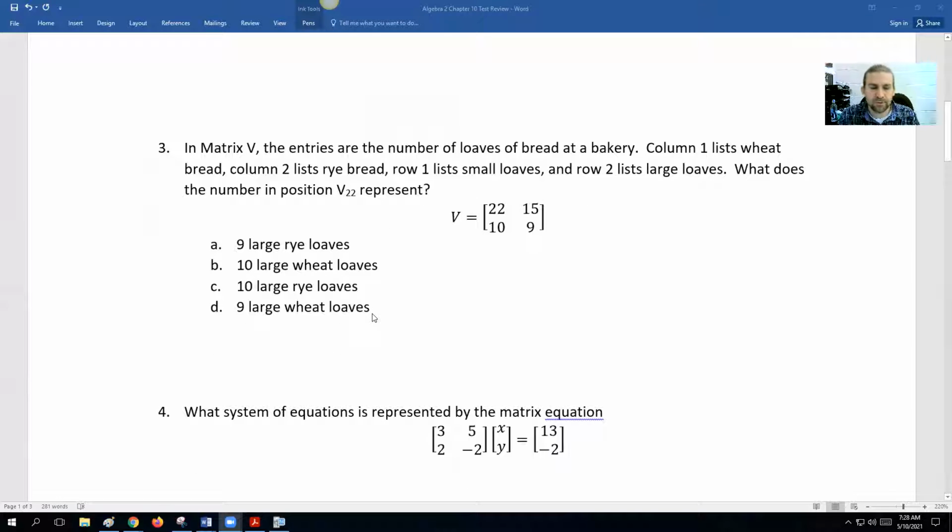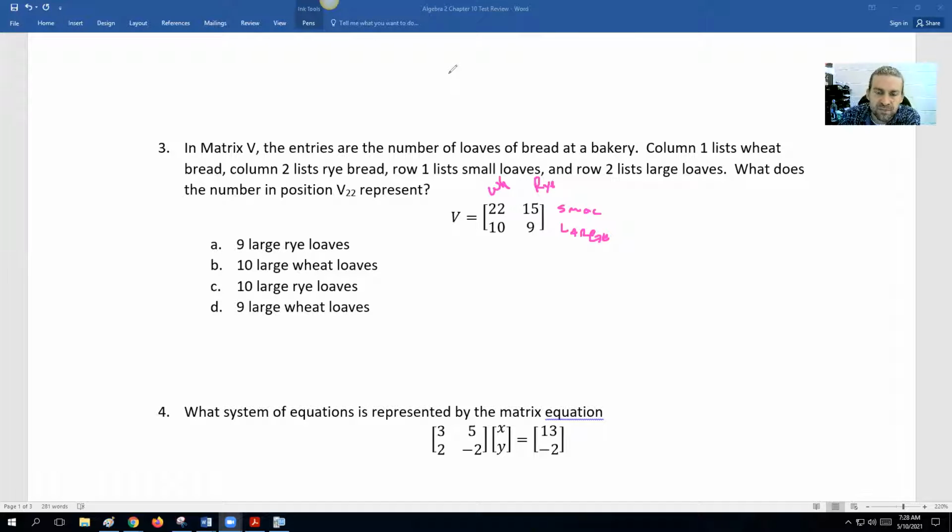All right, next, this is the one where you want to write down matrix V, the entries for the number of loaves of bread at a bakery. Why that was difficult to say. Column 1 represents wheat, and column 2 represents rye. Row 1 represents small, and row 2 represents large.